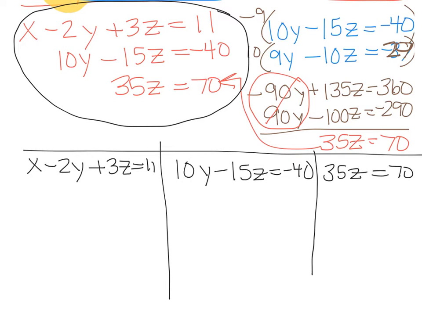Equation 3 only has one variable, so you can solve for z by dividing each side by 35, and your z is 2.